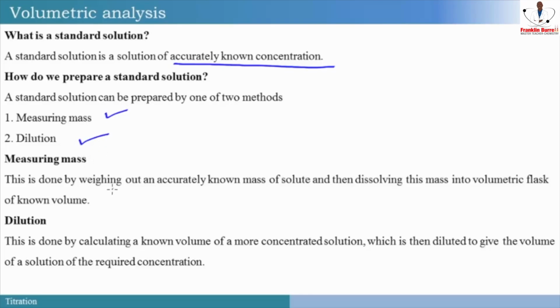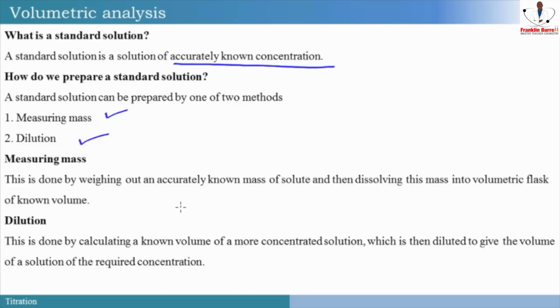Measuring mass is simply weighing out an accurately known mass of a solute and then dissolving this mass in a volumetric flask and making it up to the mark. That is the measuring mass method of preparing a standard solution.